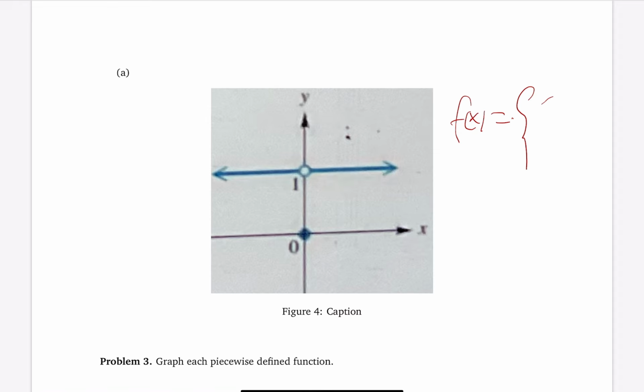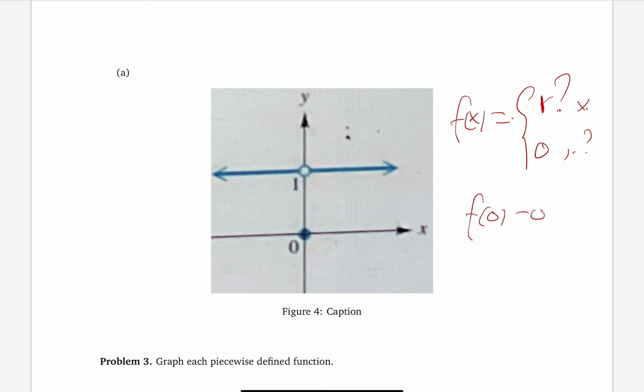If f(x) is equal to 1, what do you have for x? x is equal to 1. And f(x) is equal to 0, what do you have for x? Of course, f(0) is equal to 0.